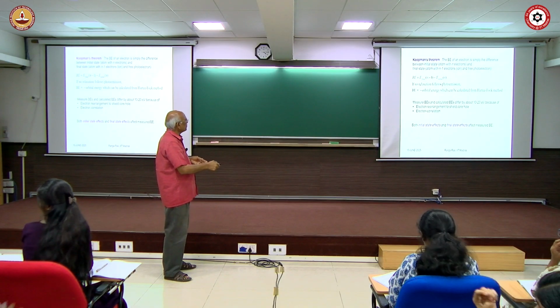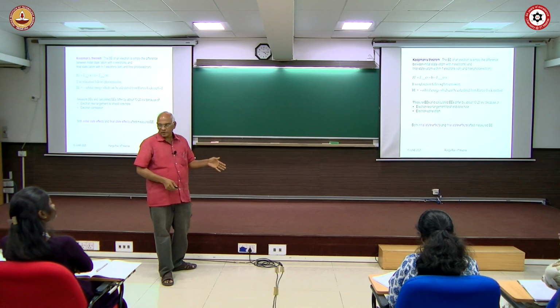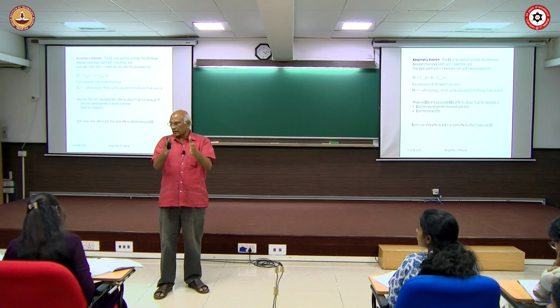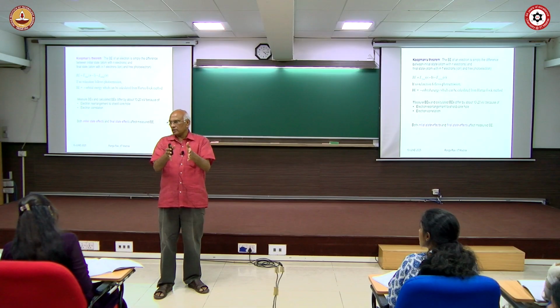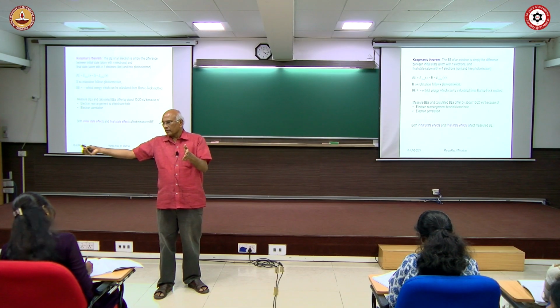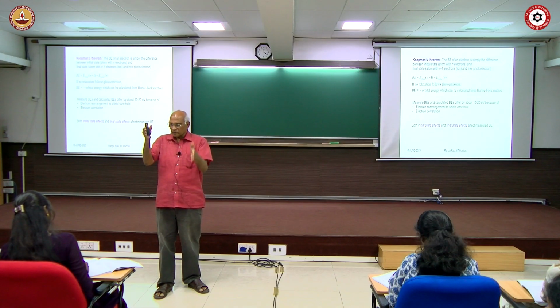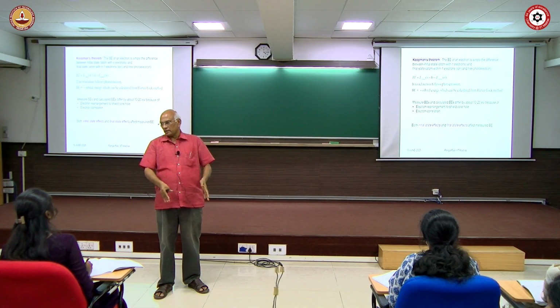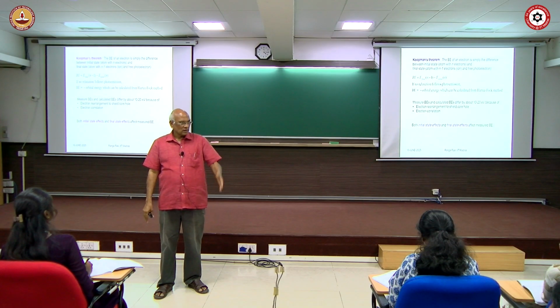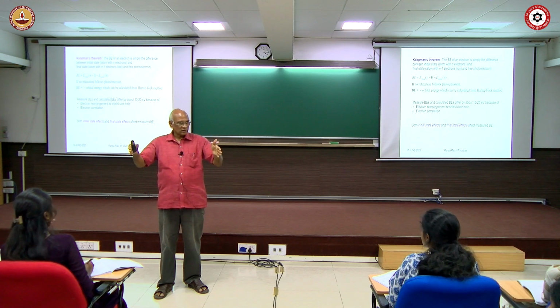Koopman's theorem. Koopman is a person who says, if I have a system with n electrons, I have a binding energy of a particular electron. If I remove that electron, from one of the levels, then the energy difference between the initial state and final state should be equal to the binding energy. That is correct, no? I have a system before ionization, I have a system after ionization, right?